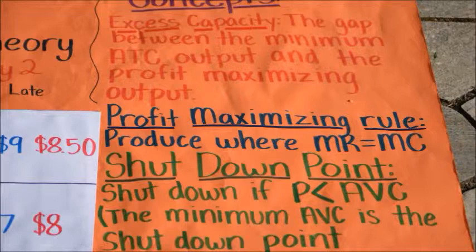The shutdown point is where you shut down if price is less than average variable cost, or the minimum average variable cost is the shutdown point, seeing as there is no point to produce when the price is less than that, as you will be running a loss no matter how much you produce.